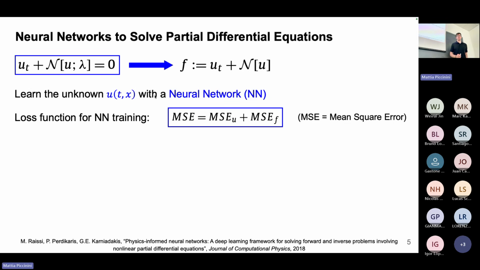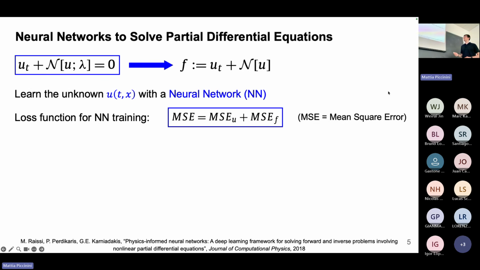What they propose in this paper is to use a tailored, physics-informed loss function, in which they have basically two components. We can have more than two, but in this case they have two. One of the components is called MSE_U, and MSE stands for mean square error.